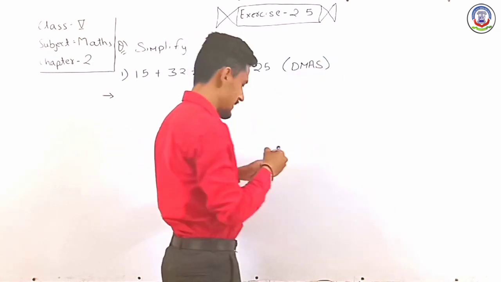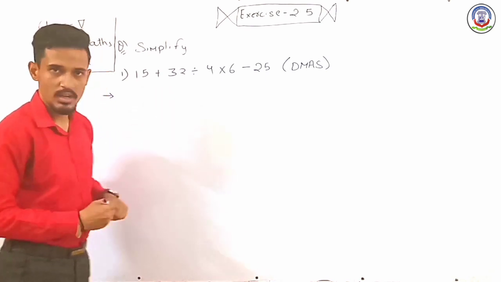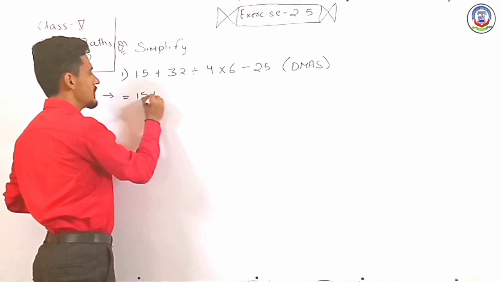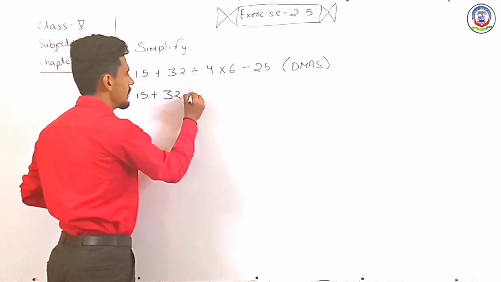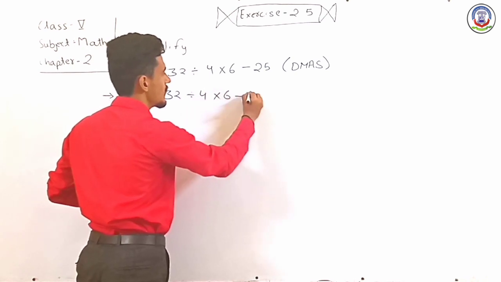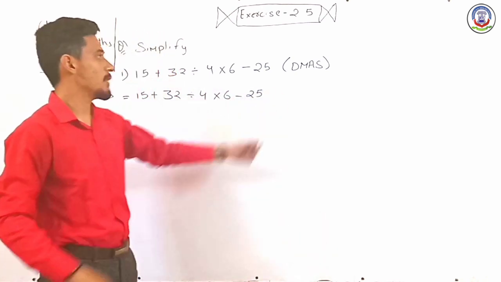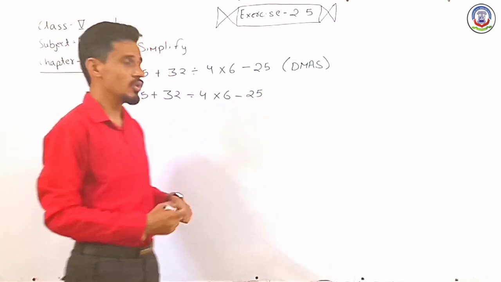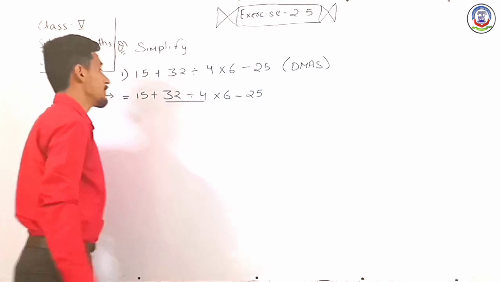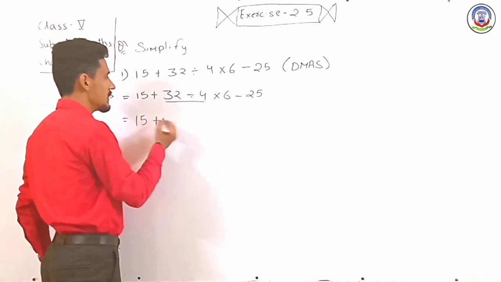Now, in this, we have to write the question, that is 15 plus 32 divide 4 multiply 6 minus 25. Now in this we first have to do divide. So here it is 32 divided by 4. The remaining numbers and signs remain the same.